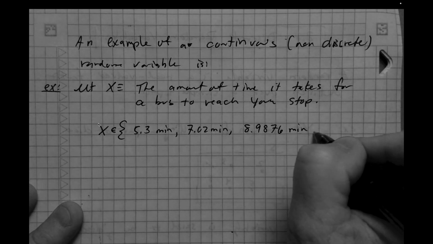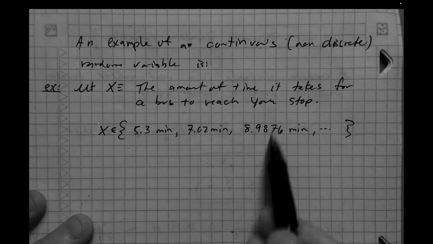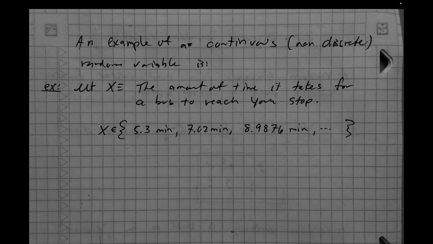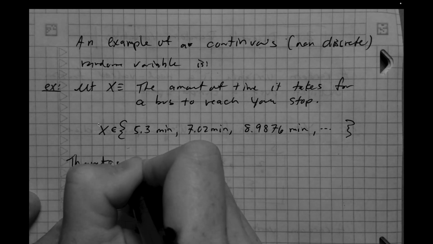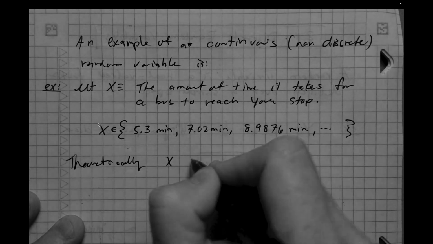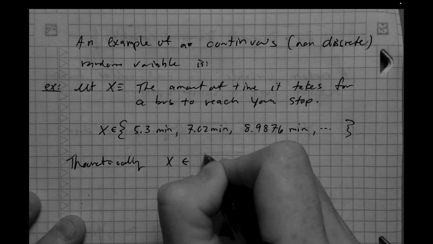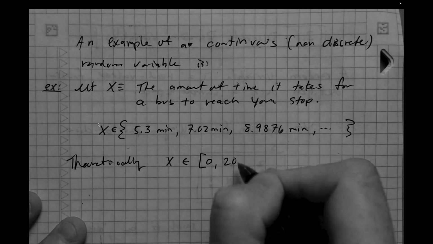Clearly in reality you'd probably come up with a hard cutoff here, but theoretically speaking, these times could take any value between 0 and some theoretic threshold. So theoretically x is just inside the interval 0 up to, we'll say, 20 minutes. Maybe you've got some reasonable upper limit.